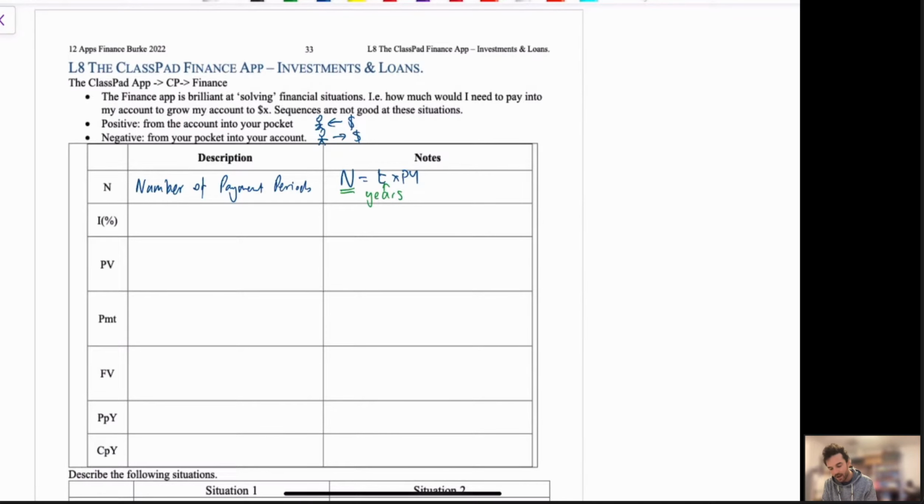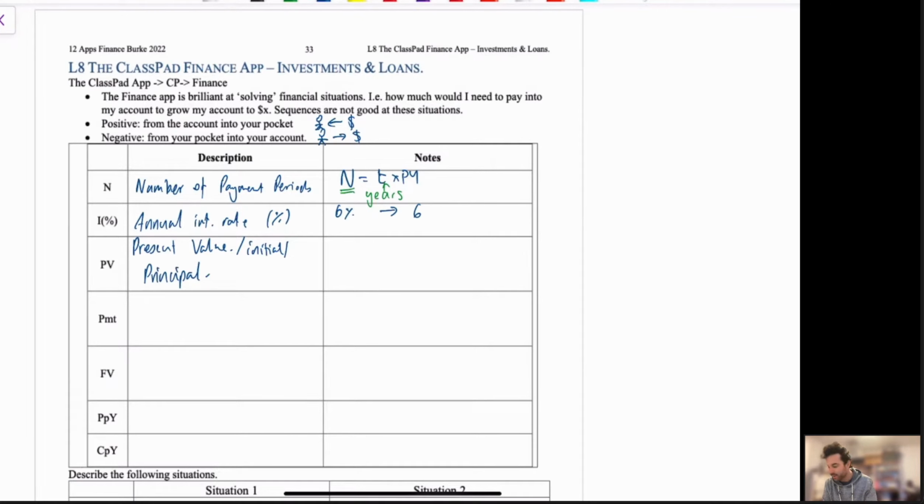Next one, I is the annual interest rate. And this is always as a percentage. So for example, 6%, you'd put in the number 6 here. PV is the present value. Okay, you can also call this the initial or the principal.